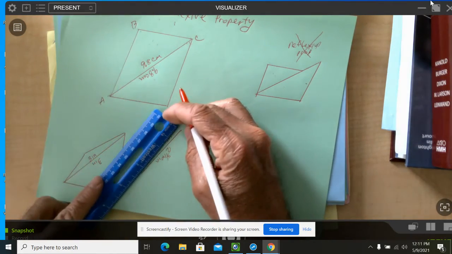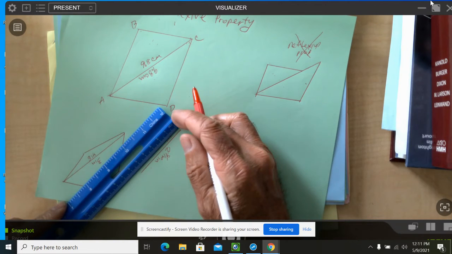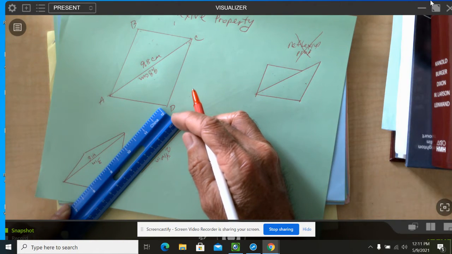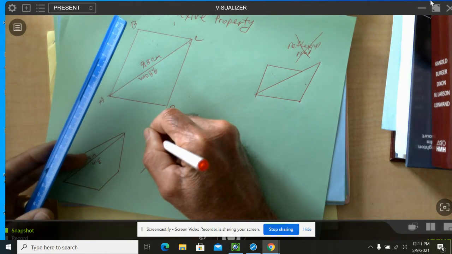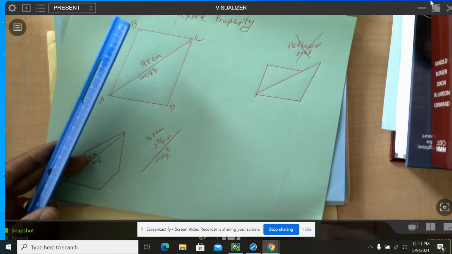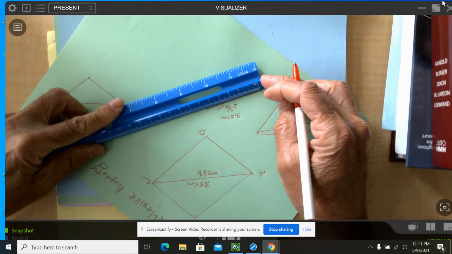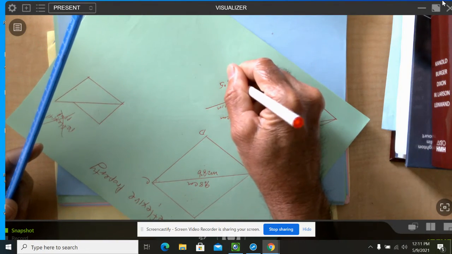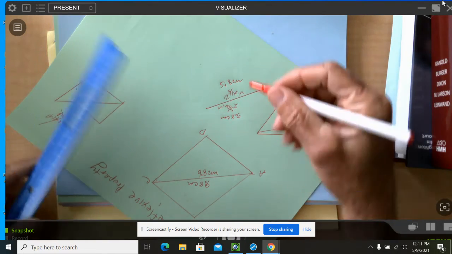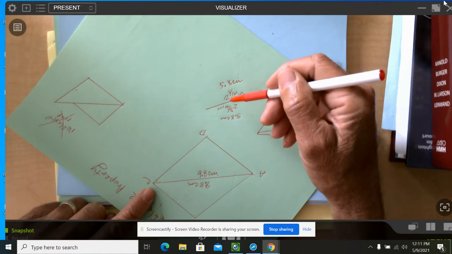If we measure in centimeters, we'll get a different measurement, about 5.8. But if we do the same measurement in centimeters on the other side, we should get 5.8.